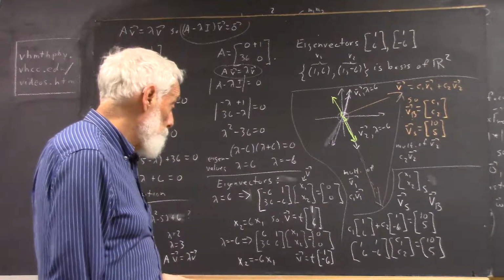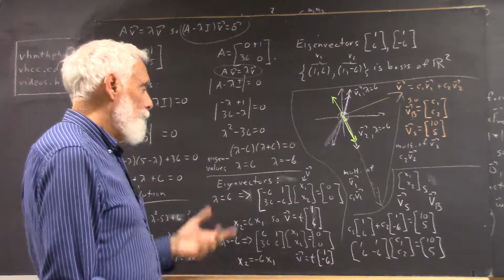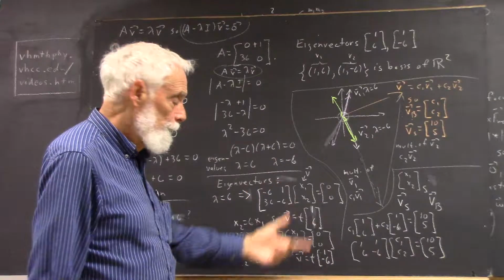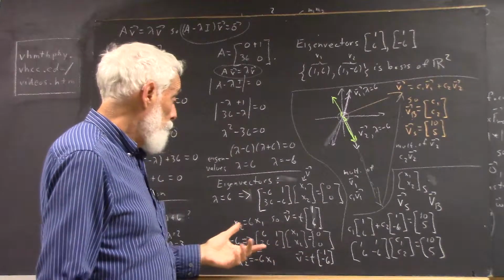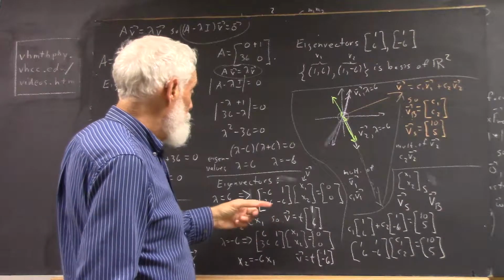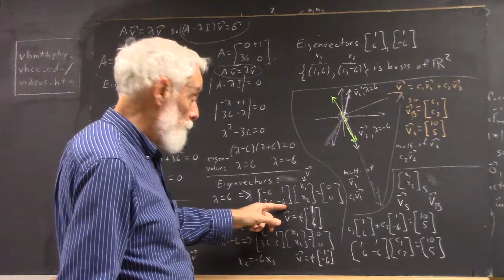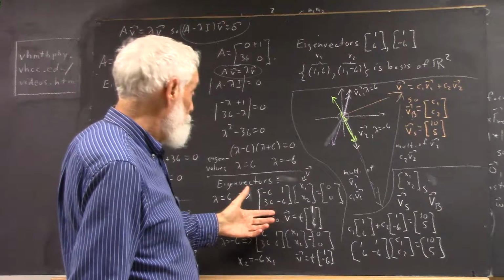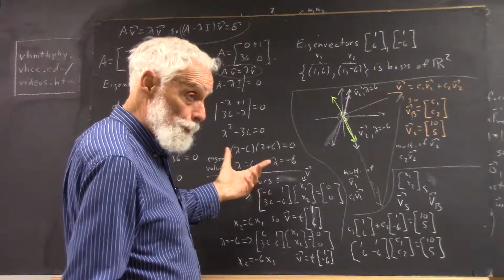That gives us two simultaneous equations. And as we saw before, both simultaneous equations turn out to have exactly the same solution, because the equation we get from the second row here is just going to be negative 6 times the equation we get from the first row.